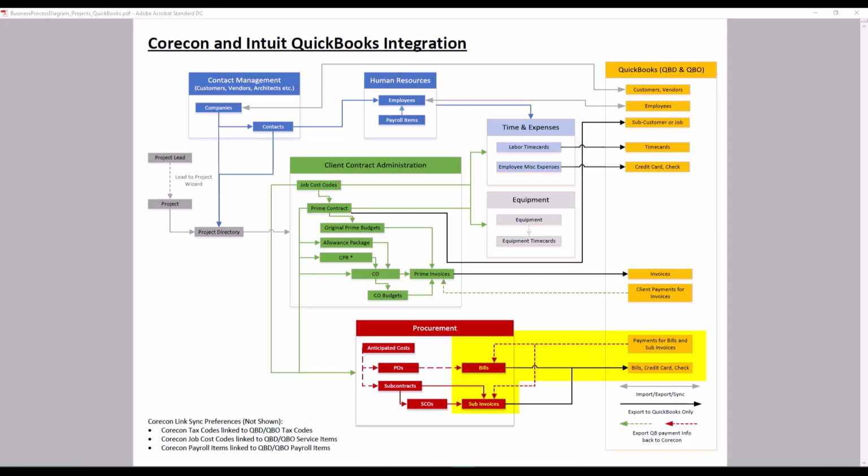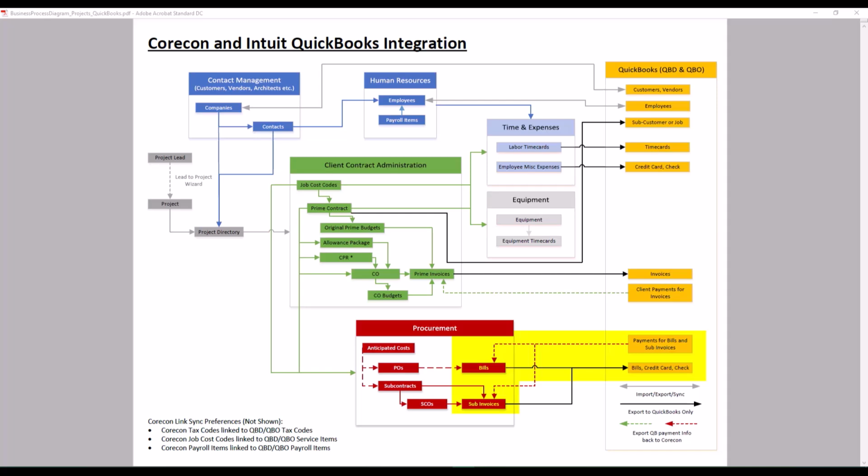After bills and sub-invoices are imported into QuickBooks Online, and once payments are subsequently made against those records or transactions, QuickBooks will allow information to export back to CoreCon regarding payments made to vendors and subcontractors.